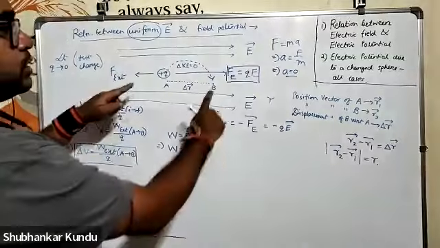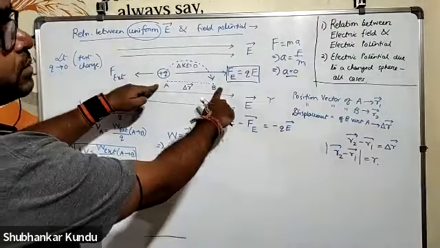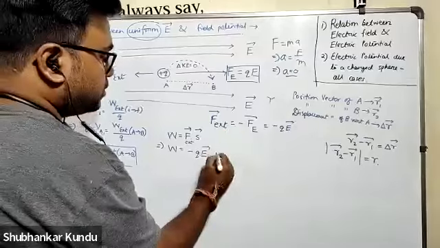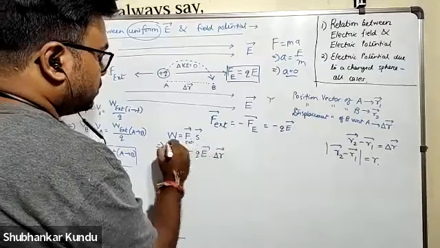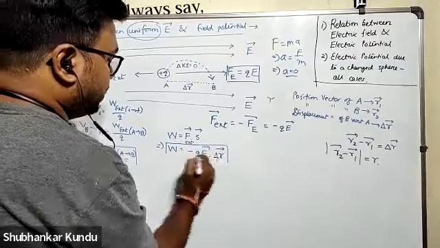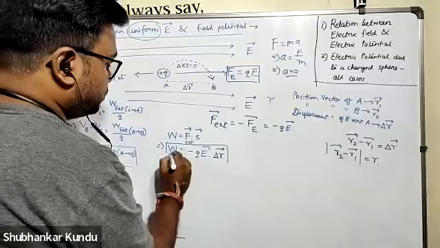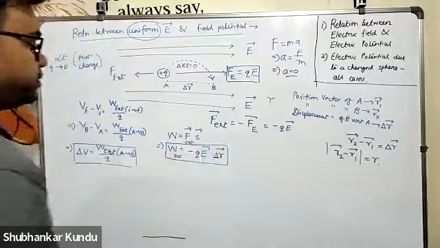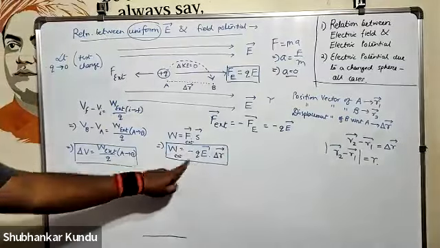What is displacement? This is the displacement. What is the displacement vector? Delta R vector. So this is the work done by the external force in taking the charge from A to B. Substitute this value here.